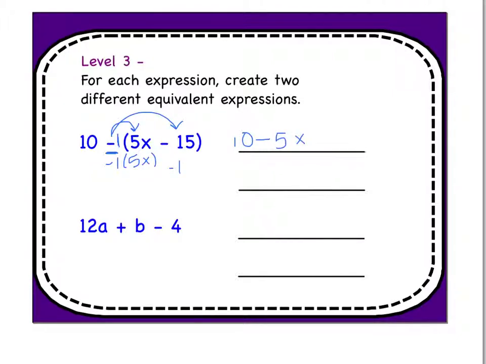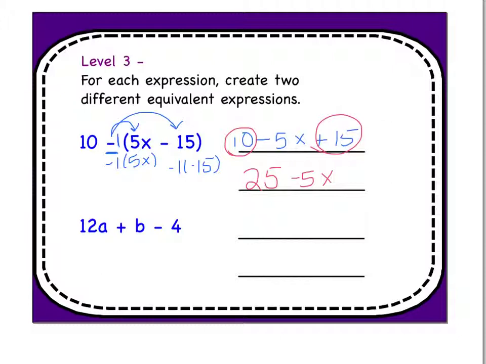And when the minus 1 shakes hands with the minus 15, you get a positive 15. Another way to write that, I could combine my like terms. 10 plus 15 gives me 25, and I still have that minus 5x.